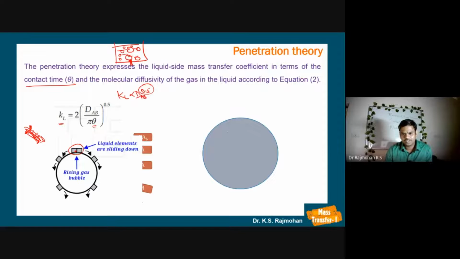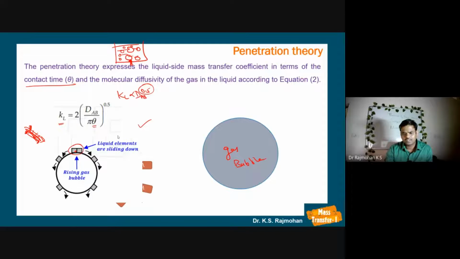So if this is the gas bubble, we have liquid elements, the particles. We can see that from the bulk it moves to the top of the surface and it slides. After the time spent there, it gets discarded from the gas bubble into the bulk of the solution.